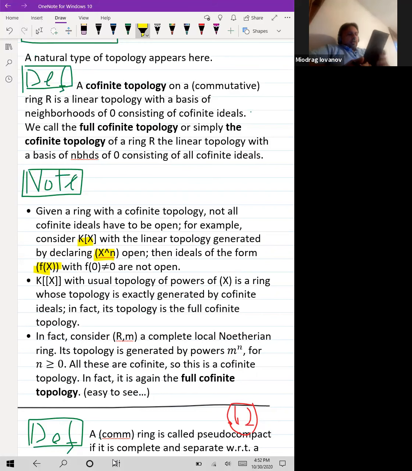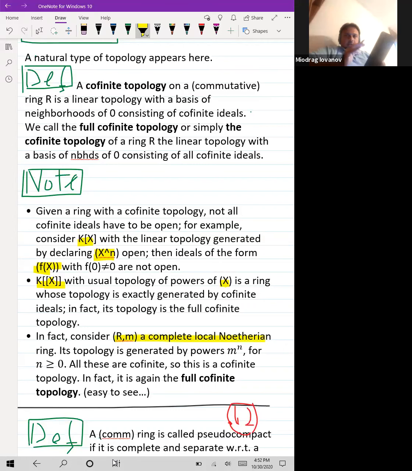So there could be ideals that are not open, and k of x with the usual topology. Of course, powers of x is in fact also a topology that's generated by cofinite ideals, and this is actually the full cofinite topology here.